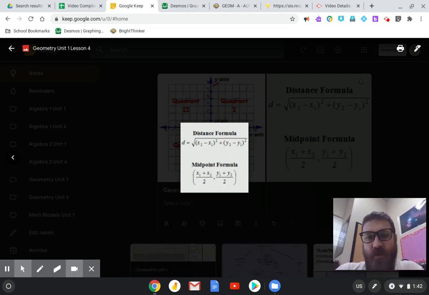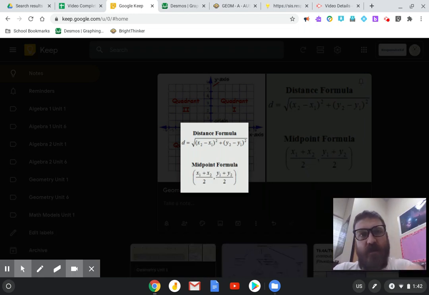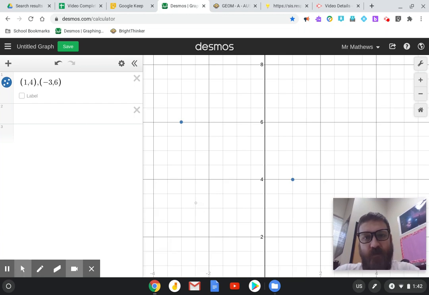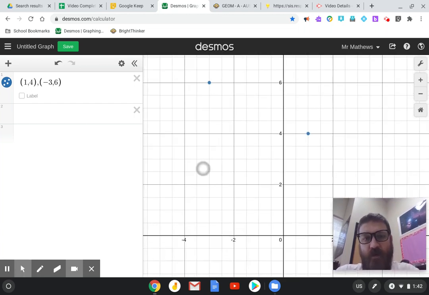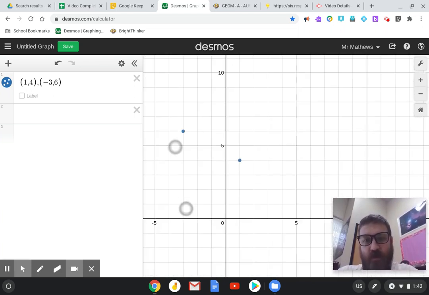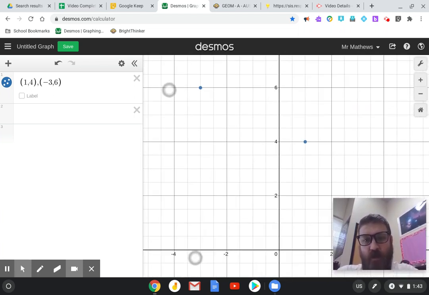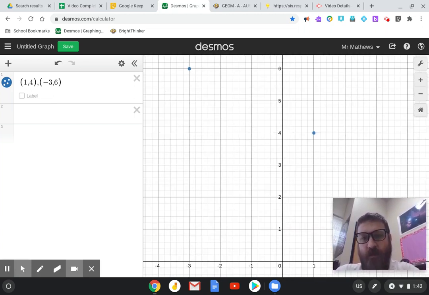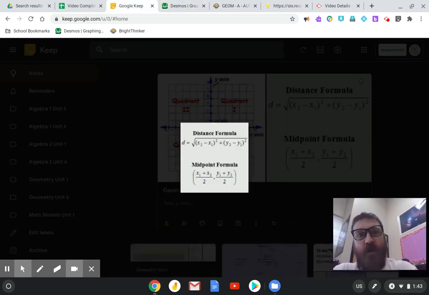What these two formulas do is, if we graph 2 points, like the ones I've graphed right here, the point 1, 4 and the point negative 3, 6, we can use these formulas to find the distance between them in units and the midpoint, or the point that's exactly halfway between those 2 points.